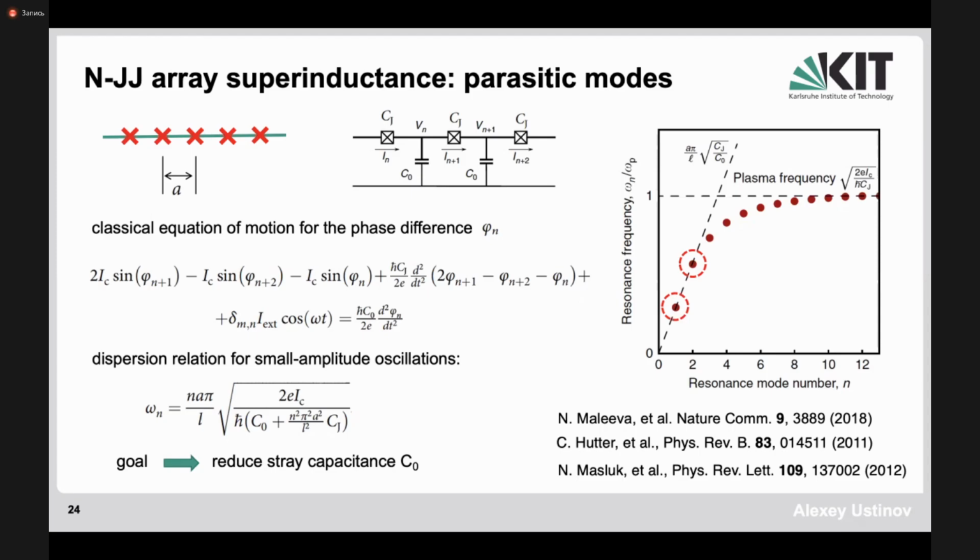So one has to make the design such that these modes are really well above the frequency of interest. So we will make the fluxonium frequencies below the lowest mode shown on this plot.